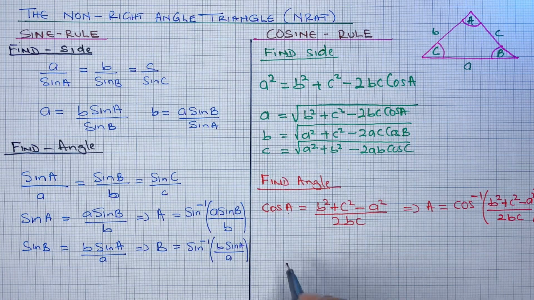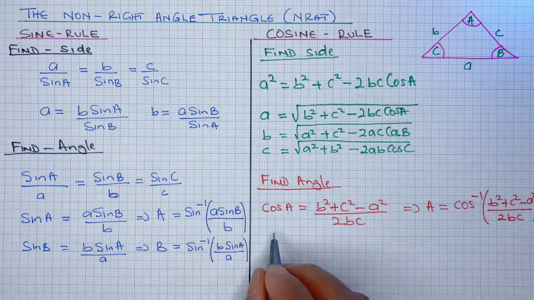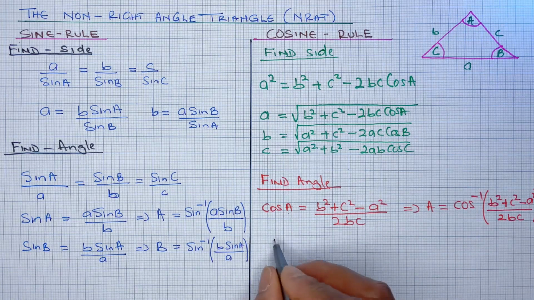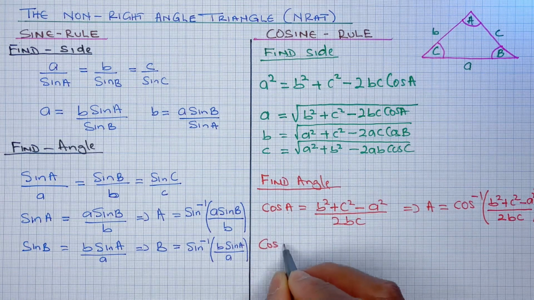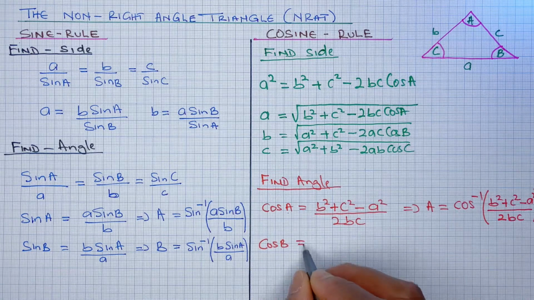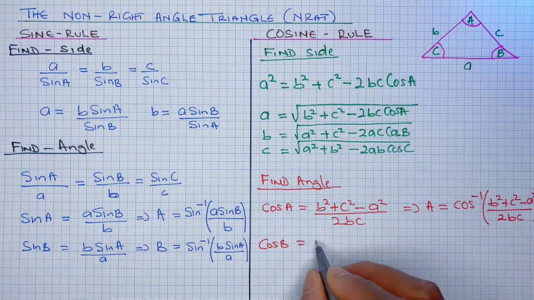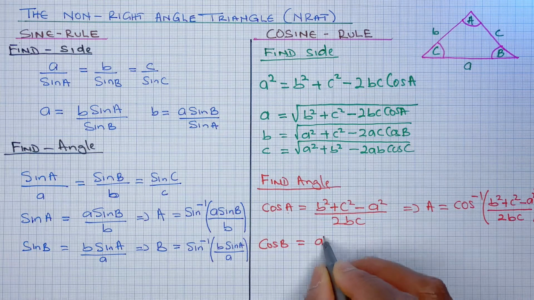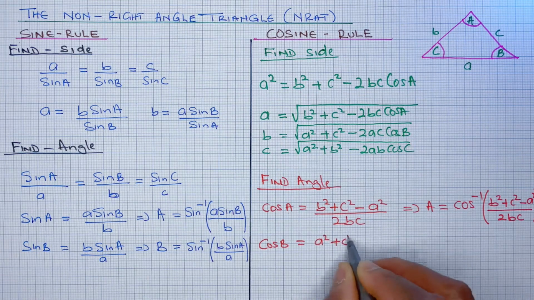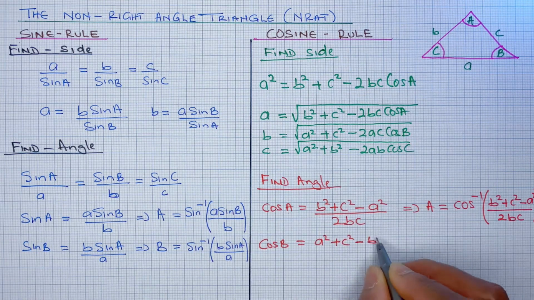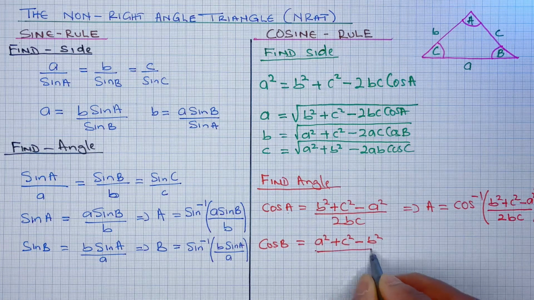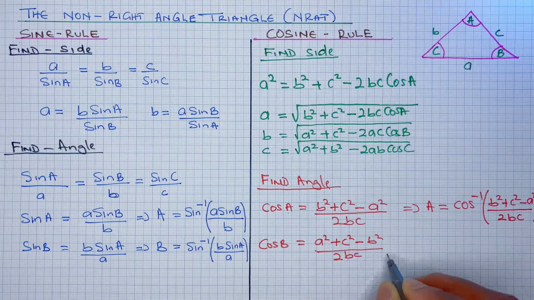Okay, so now let's do cos B. For cos B, you're going to get a squared plus c squared minus b squared over 2ac.